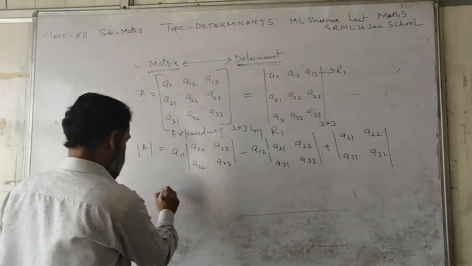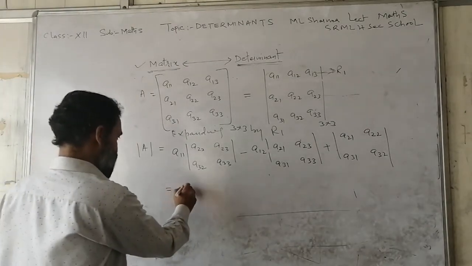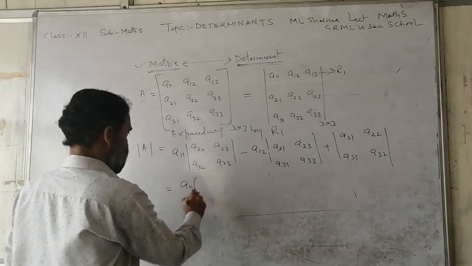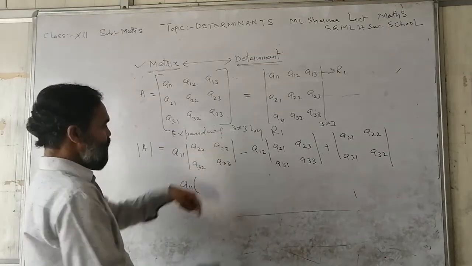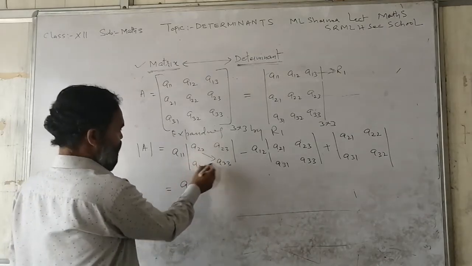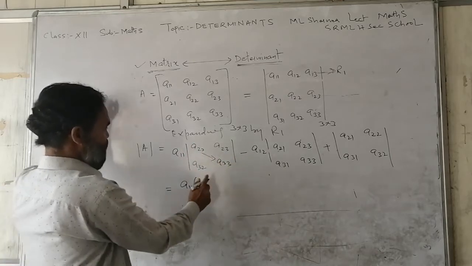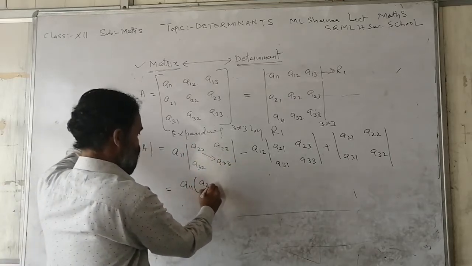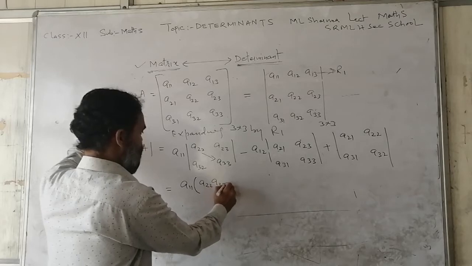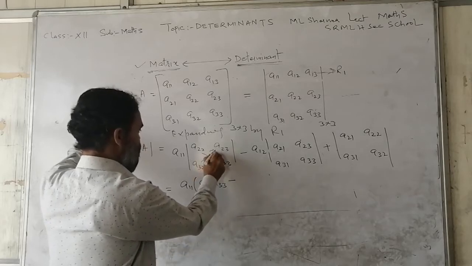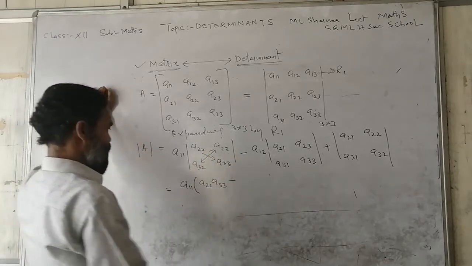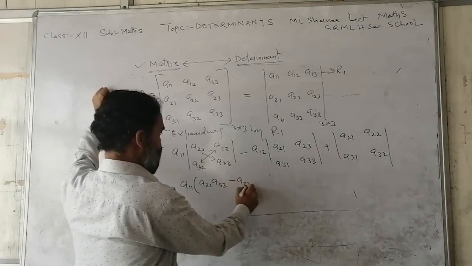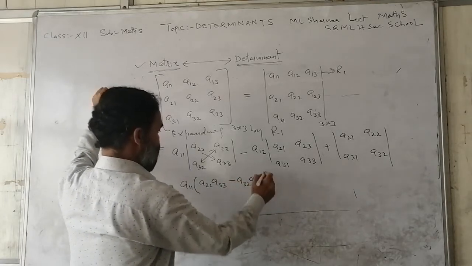Now this value will be equal to A11, and again the same principle I will follow: multiply these diagonal elements. So this will be A22, A33, minus the product of this diagonal elements, that is A32, A23.